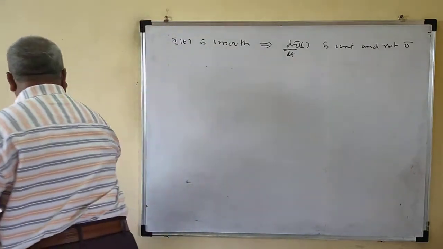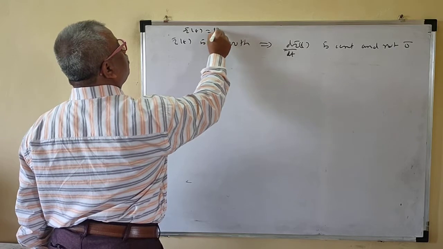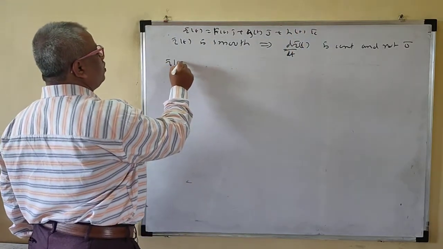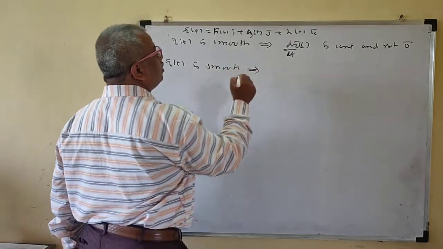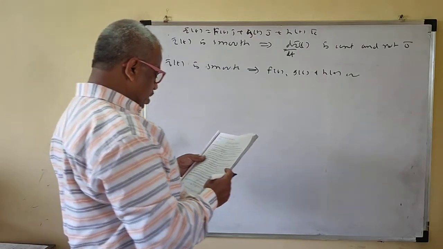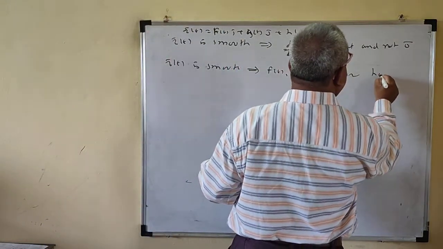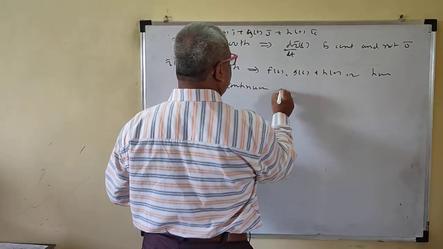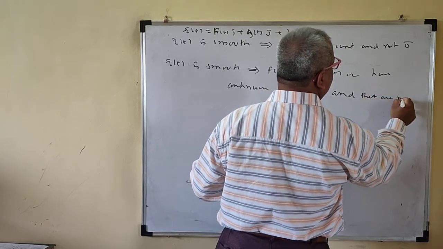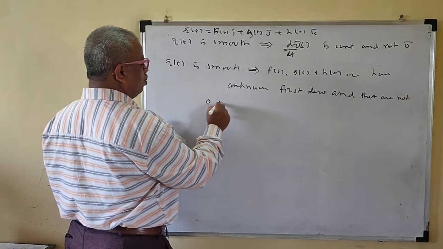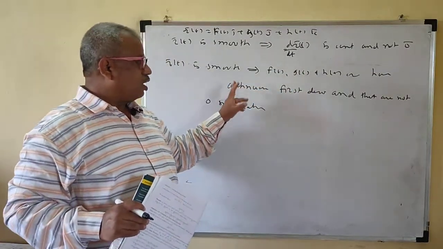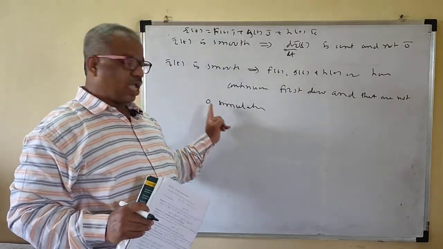So if your r bar of t is equal to f of t i bar plus g of t j bar plus h of t k bar, and r bar of t is smooth, it implies that f of t, g of t and h of t are differentiable, have continuous first derivatives, and are not 0 simultaneously.